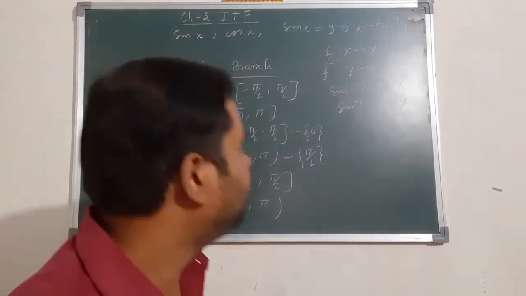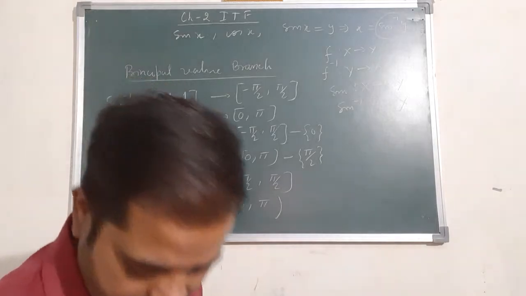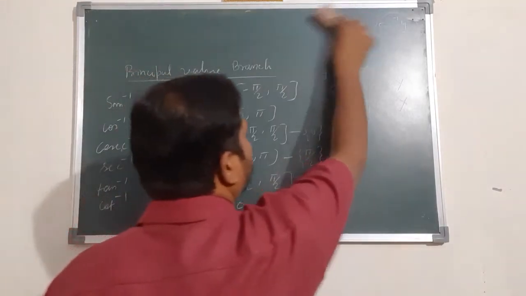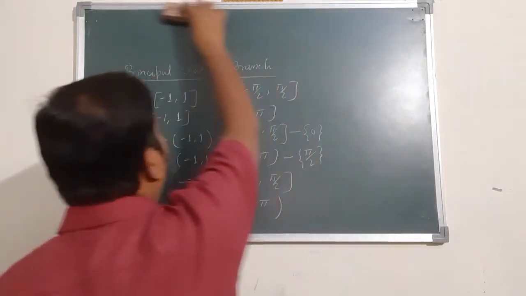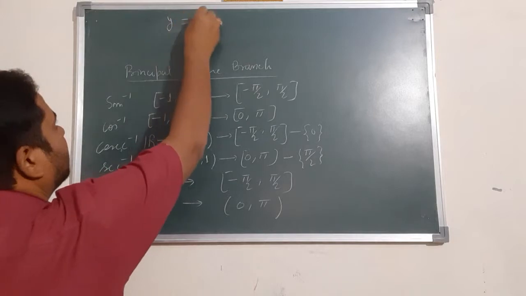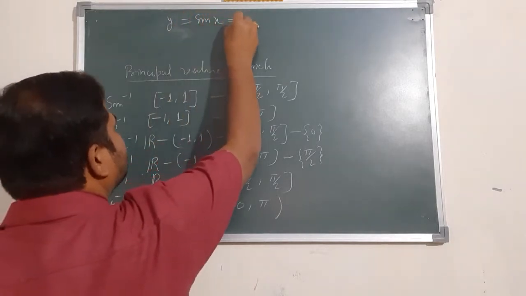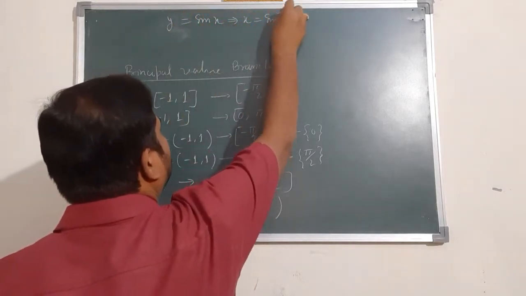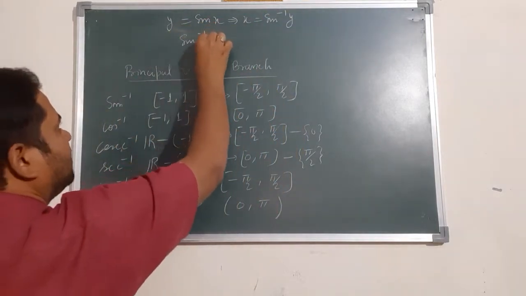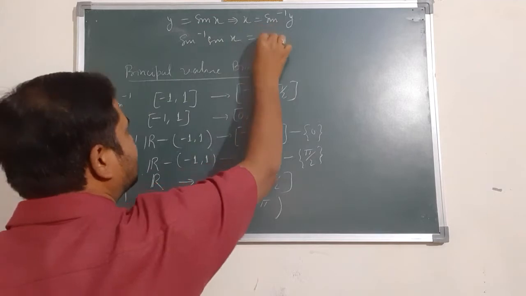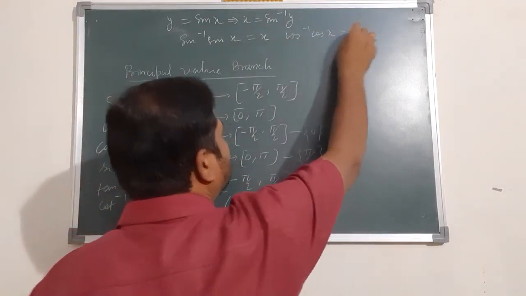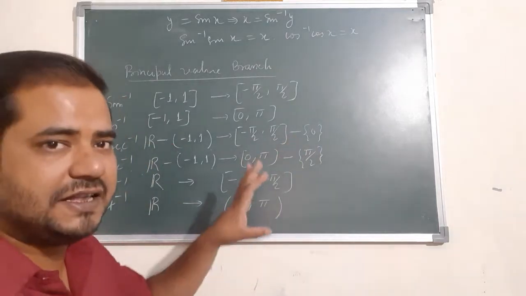So let us see some concepts. The basic concept of inverse trigonometric function is that if you write y is equal to sin x, then x is nothing but sin inverse of y, and some results like sin inverse of sin x is x, cos inverse of cos x is x, but x must belong to their ranges.